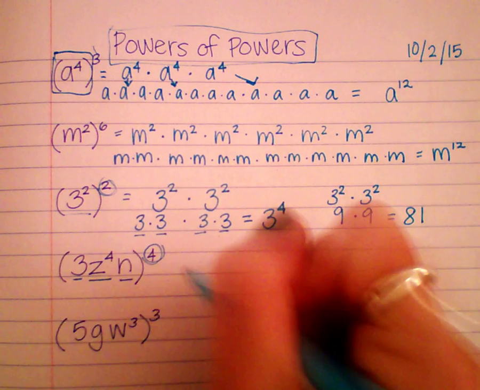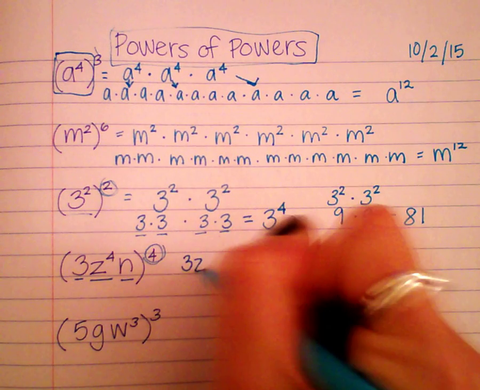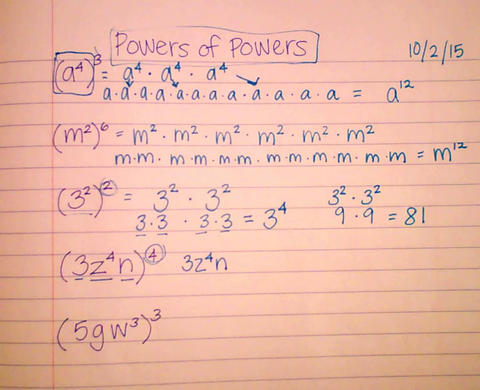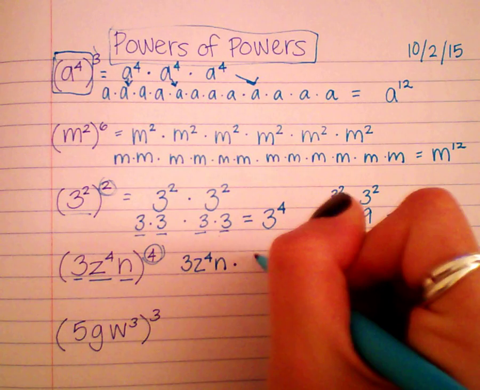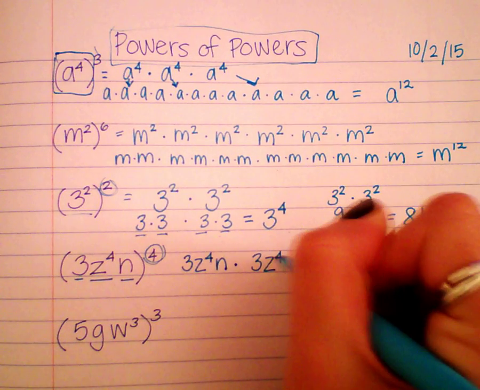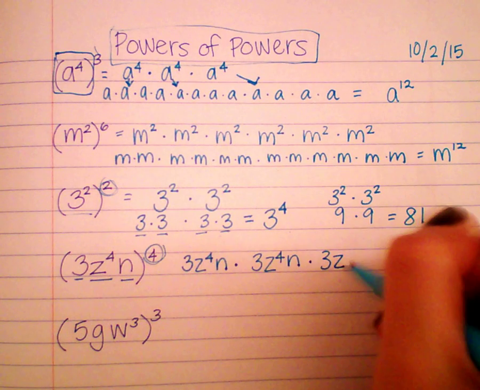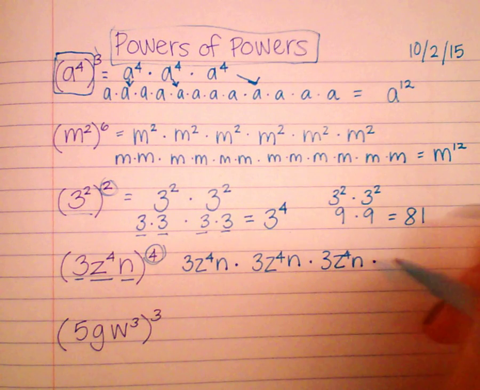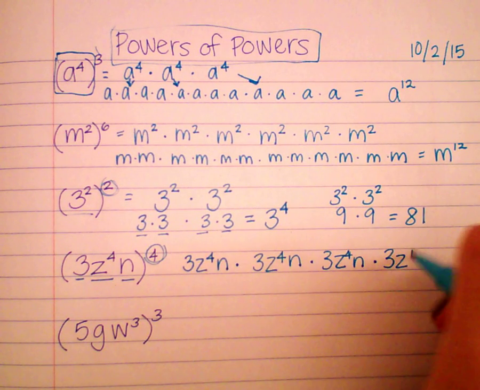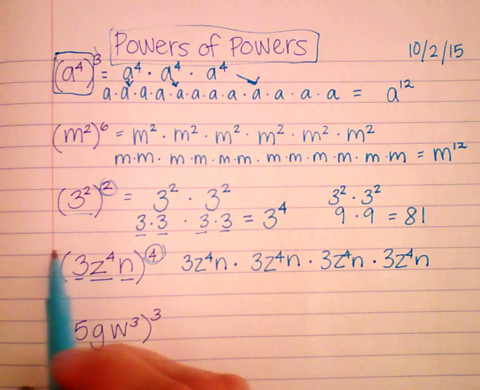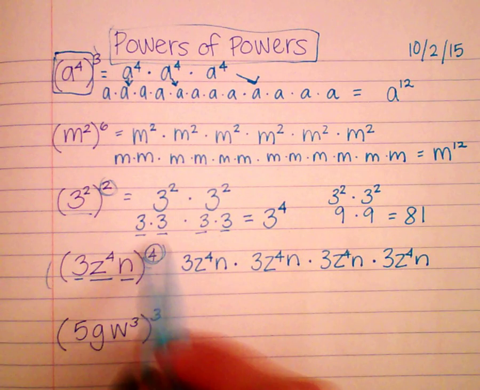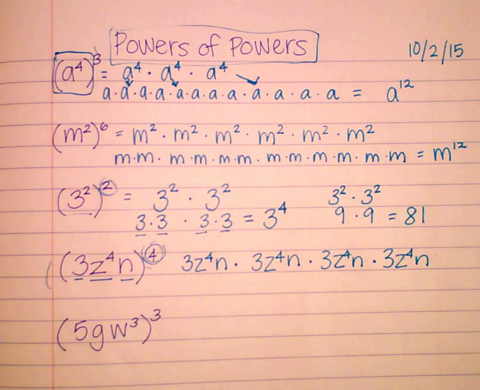So we have 3z to the 4th times n times 3z to the 4th times n times 3z to the 4th times n times 3z to the 4th times n. Remember, because my base 4 times, 1, 2, 3, 4.